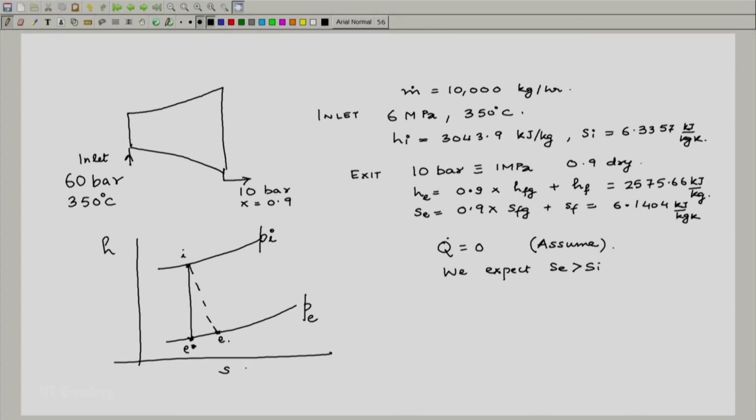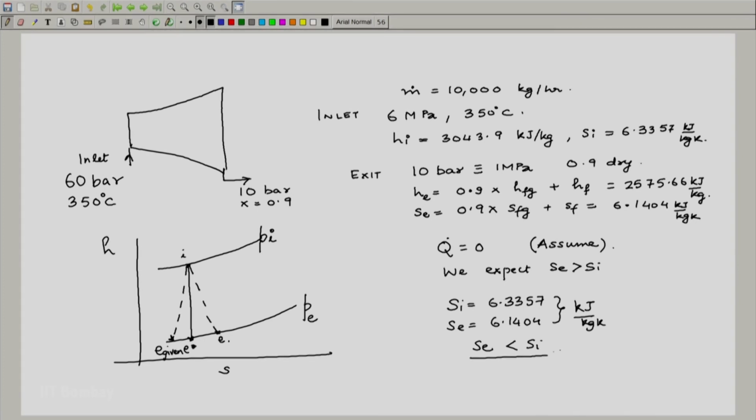But what do we notice? We notice that SI is 6.3357 and SE is 6.1404, both of these kilojoule per kg Kelvin, and SE is actually less than SI, which means that we are expecting that the process would go in this fashion, and this is E given.